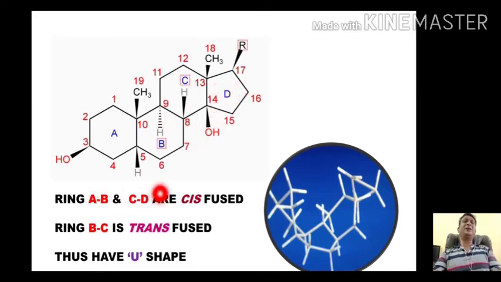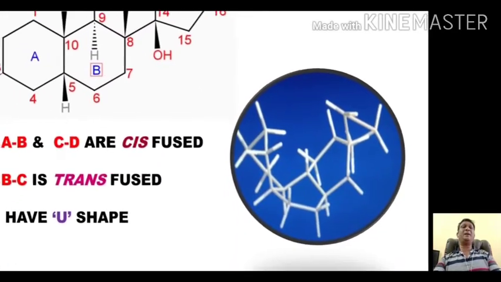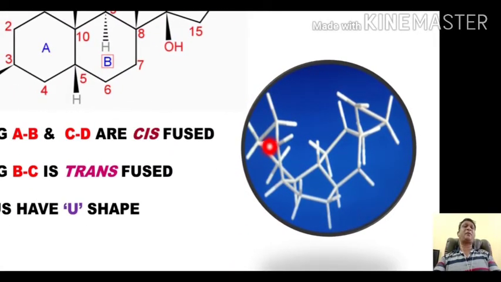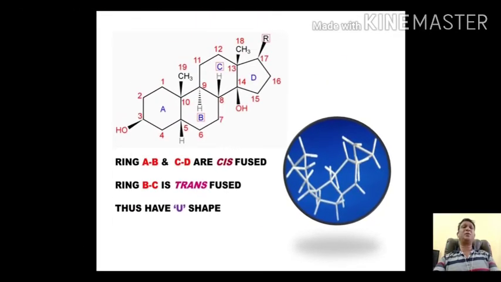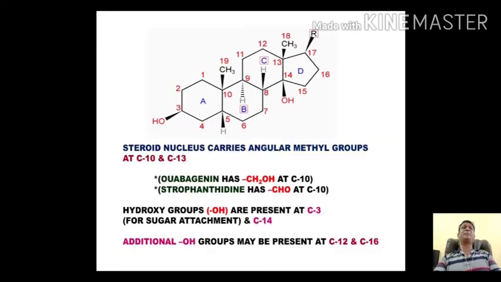Due to this, the entire steroid molecule has a U-shaped structure, which you can easily view in this three-dimensional structure. That is a very important point regarding the steroid nucleus of the cardiac glycoside.